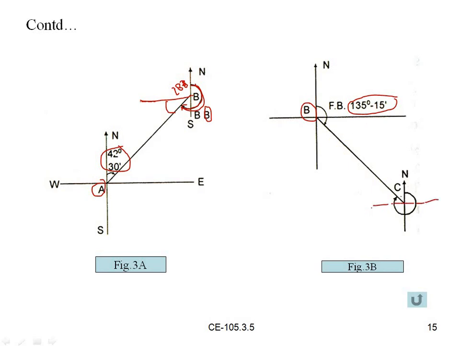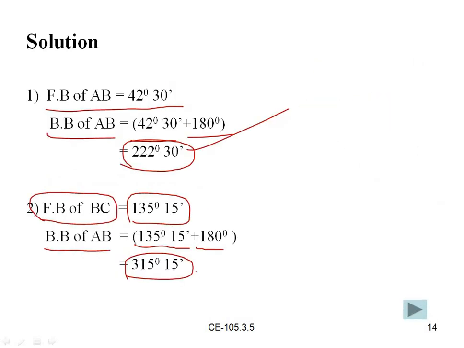So if this is 135 degrees 15 minutes here, and this angle is 180 degrees, so if we do plus, we will get the remaining angle of back bearing. So that is 315 degrees 15 minutes.